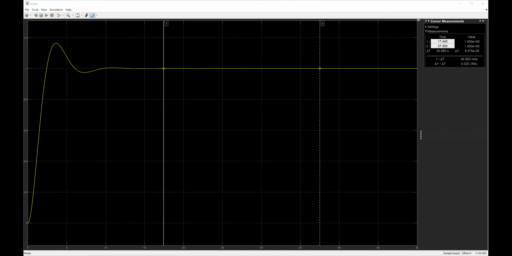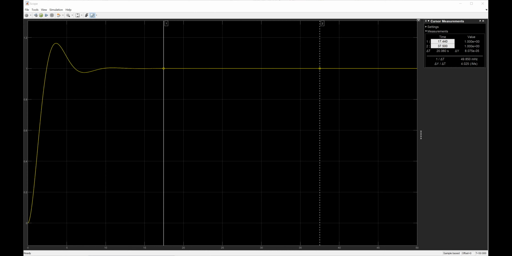So I'm going to type this in the chat window. Time domain specifications are time constant, rise time, percentage overshoot, steady state response.